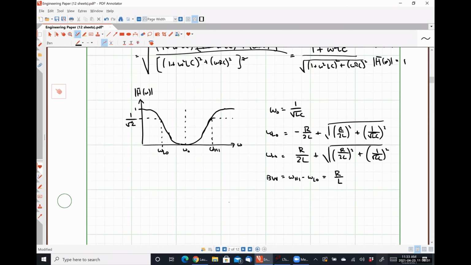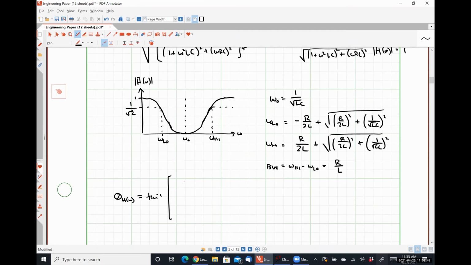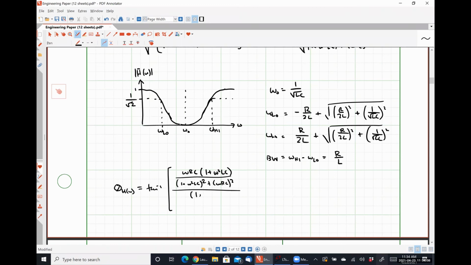All right, the last thing then is our phase response. So theta H of omega is the inverse tangent of the imaginary part, so omega RC times 1 minus omega squared LC divided by 1 minus omega squared LC squared plus omega RC squared, divided by the real part, 1 minus omega squared LC over that same denominator, 1 minus omega squared LC squared plus omega RC squared.